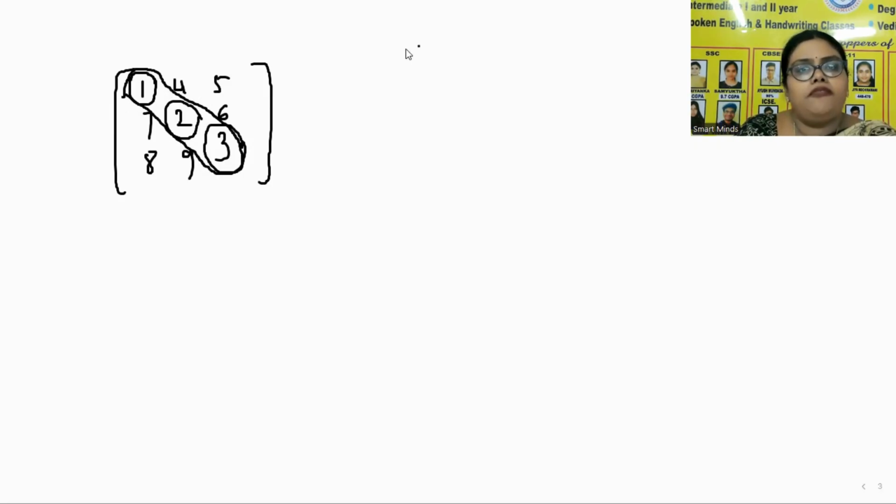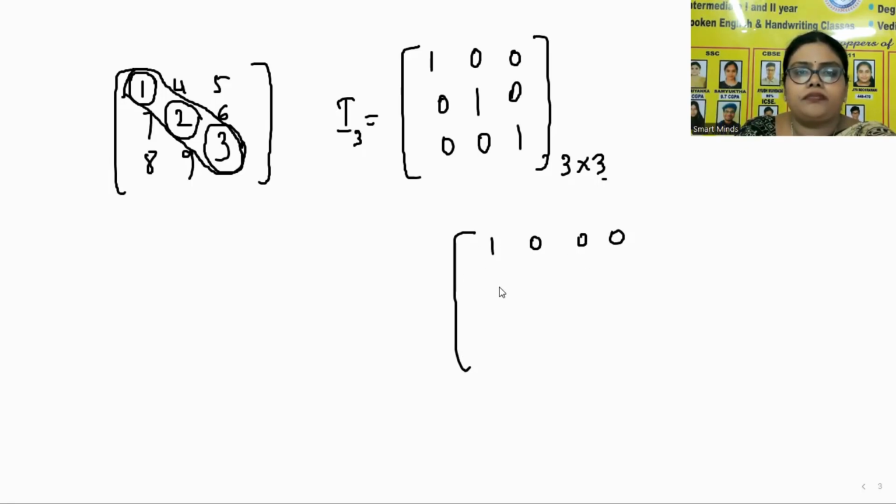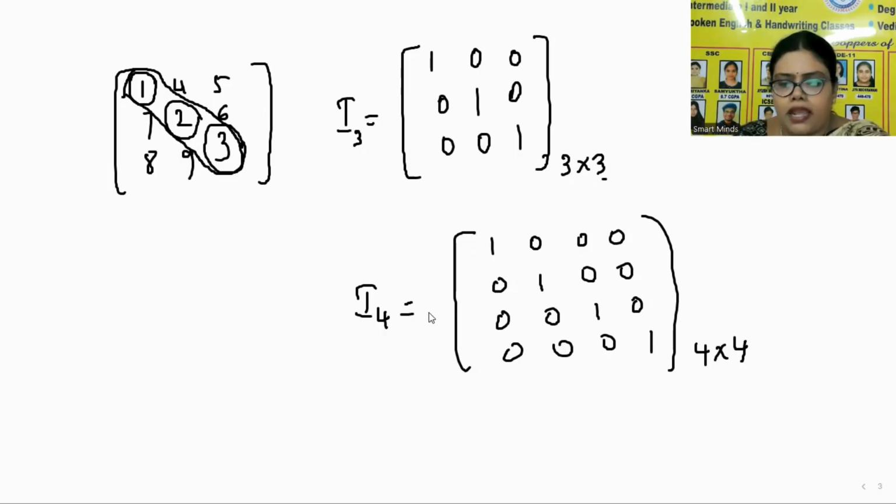If all principal diagonal elements are ones and the remaining are all zeros, this is called an identity matrix, denoted by I. You can also denote it by I3 because it is a 3 by 3 matrix. Understood? If I write 1, 0, 0, 0, 0, 1, 0, 0, 0, 0, 1, 0, 0, 0, 0, 1, this is a 4 by 4 matrix, but it is an identity matrix, so we can write I4.